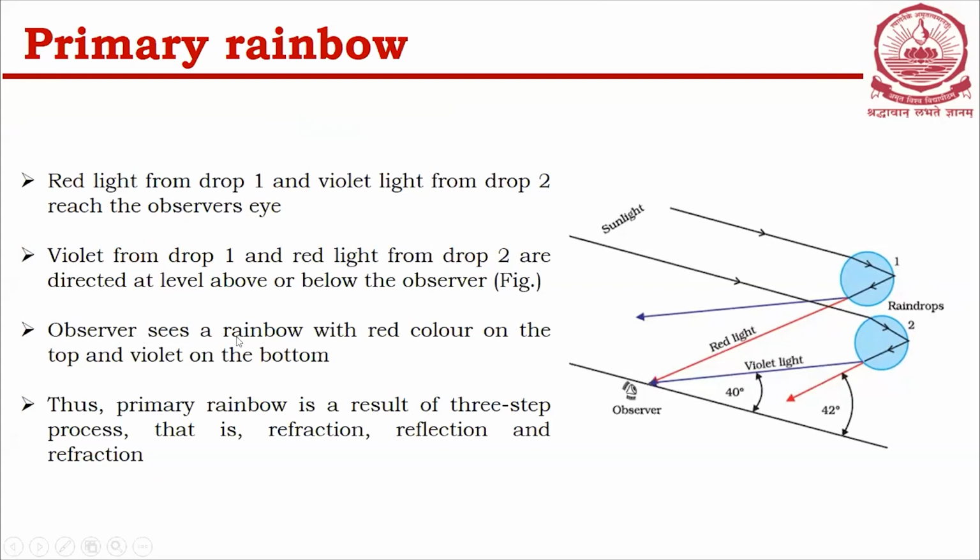You can see the observer point here. So see the angle at which the violet light reaches your eye and the red light reaches your eye. Here again, the primary rainbow is a result of a three-step process: refraction, reflection, and what is the other one? Scattering. Okay, it is not refraction again, it is scattering.